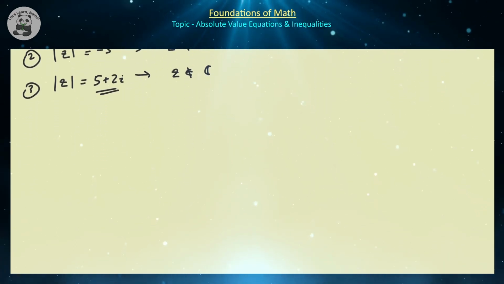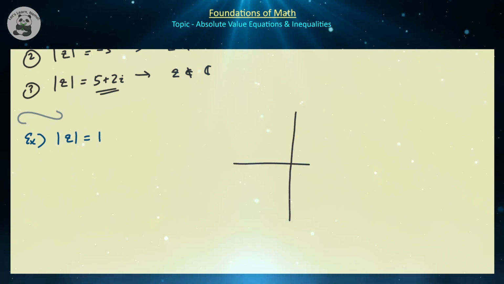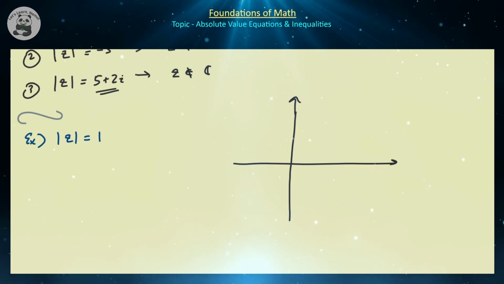Right? So what if I were to put a real number as the output of that absolute value? So this is where it gets fun. So the absolute value of z is equal to 1. What values of z, where z is complex, will make this true? Okay, so if we think about this from the graphical perspective, let's put, for example, the real part of z on the horizontal and the imaginary part of z on the vertical.